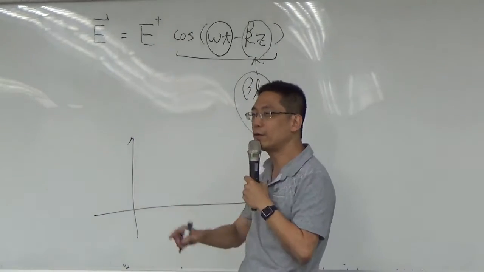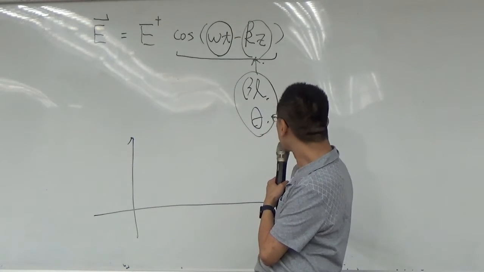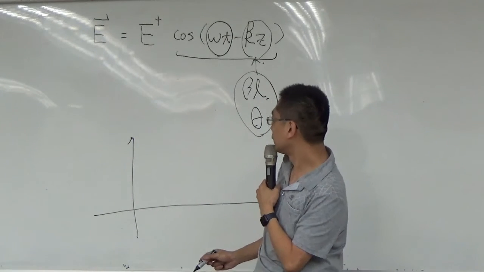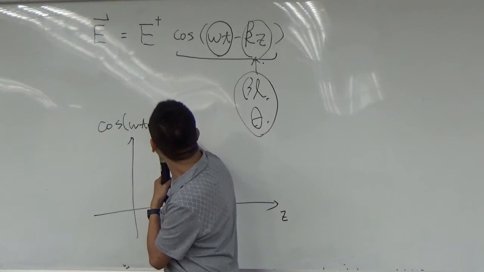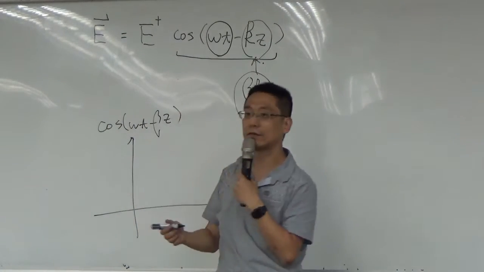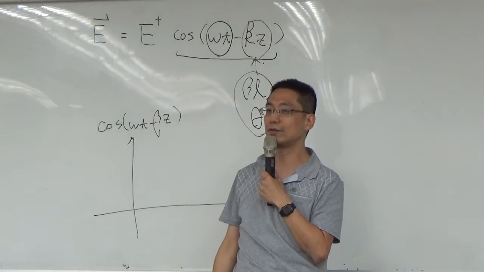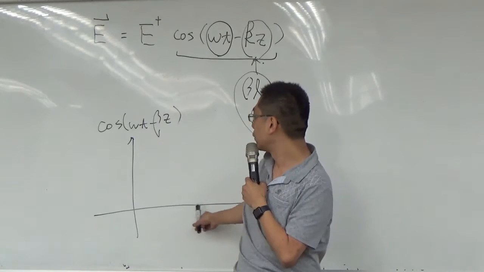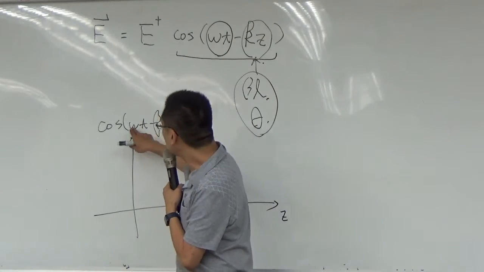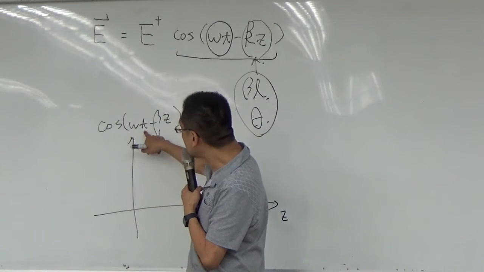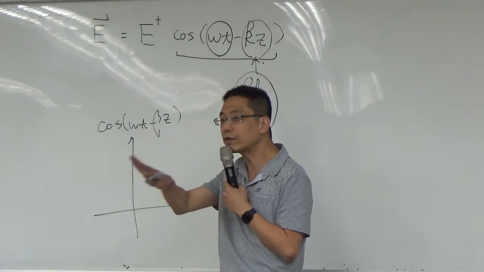Okay, 2 points. Anyone want to draw the cosine with respect to z? This is the cosine omega t minus beta z. Anyone? Raise your hand. Cosine, it's easy. 2 points. If omega, t and beta are constant, you don't need to care about them, right?